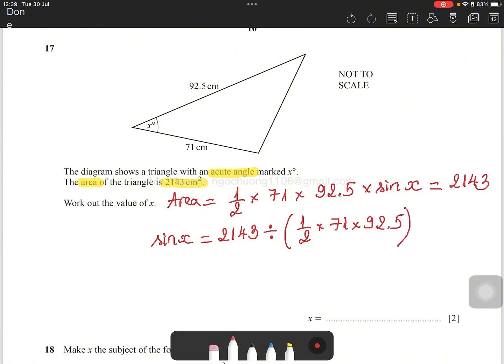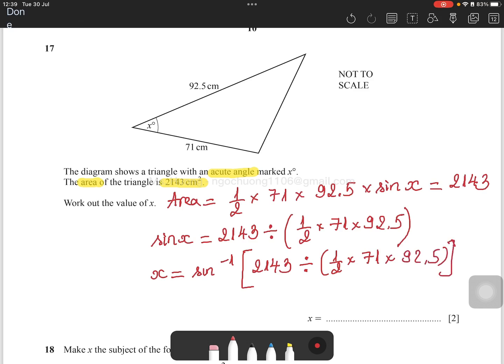And then x will be the inverse of sin of everything here. 2,143 divided by 1/2, 71, 92.5. And the answer for this is 40.7 degrees.